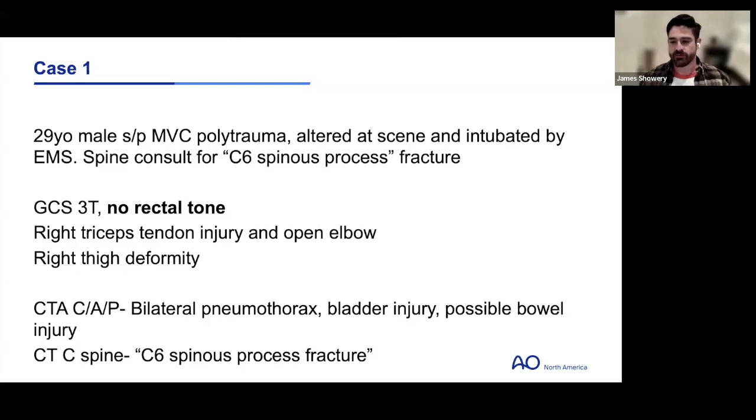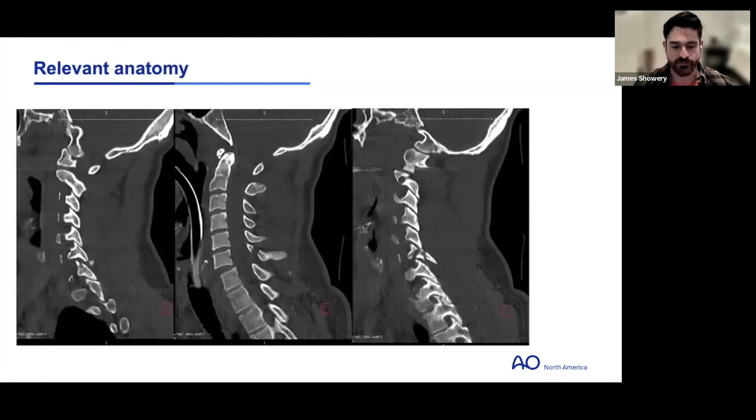And then the only objective piece of data about their neurologic exam is that they don't have any rectal tone, which tells you that this is possibly a spinal cord injury. So obviously looking into their imaging and expediting this in your triage of things you need to do, this is number one on that list almost immediately. So you pull up the CT scan and you're looking at it right here and you see the sagittal cut of the cervical spine.